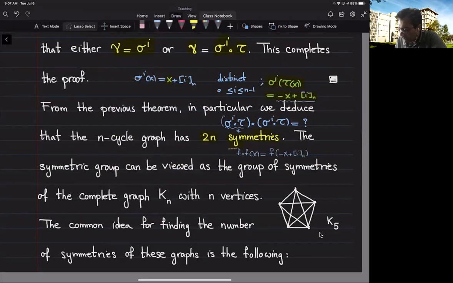And I need to do it one more time. That means I have to negate, look at the negative of this quantity, and then add i.